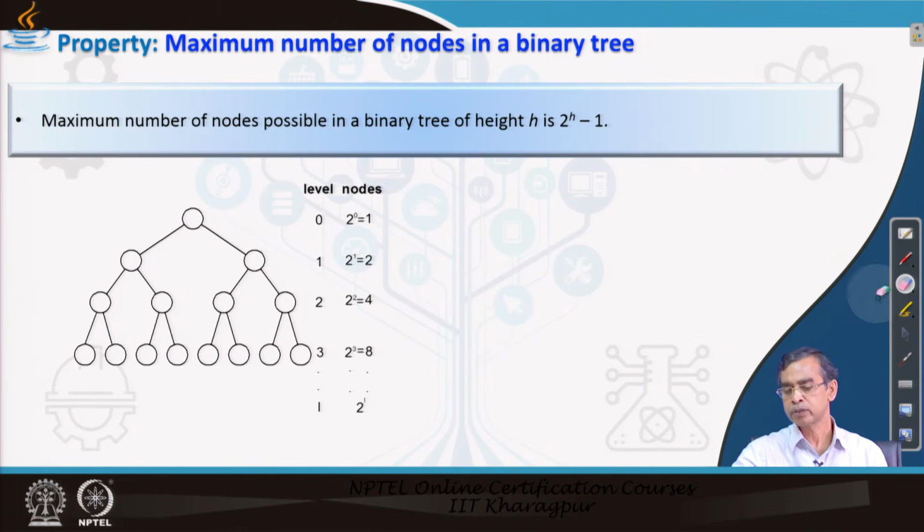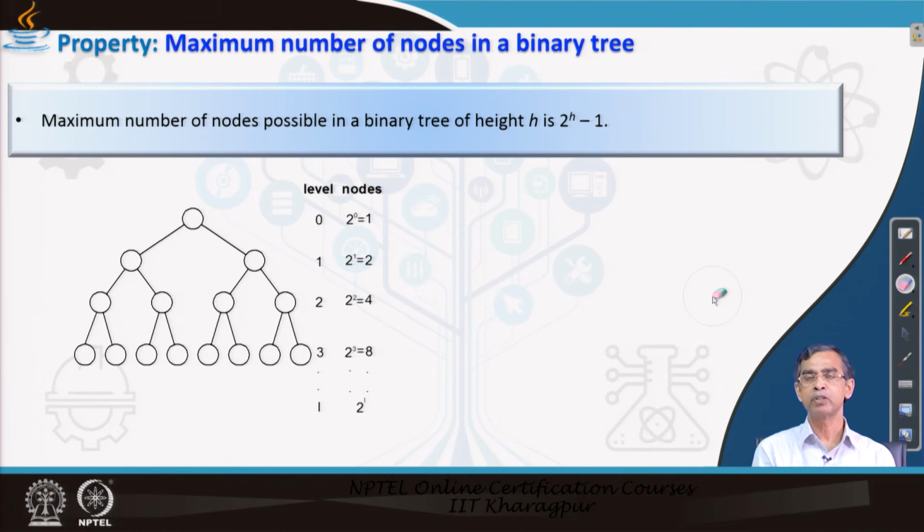Now, if I ask you what is the minimum number of nodes that is possible for a binary tree, that question can be answered again. The minimum number of nodes is possible if all levels contain the minimum number of nodes. All levels contain the minimum number of nodes only if it is a skewed binary tree.